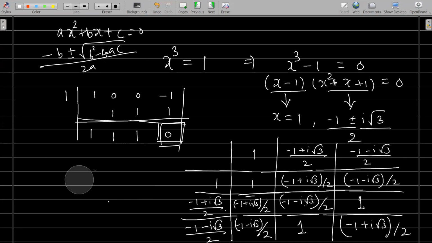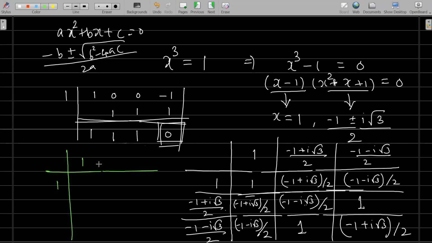But now we can see something more about the same table. Let me call this element W, or omega actually.